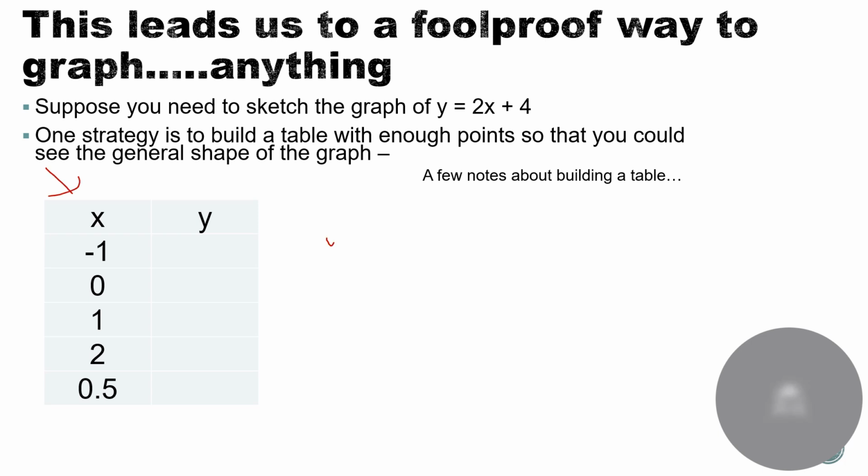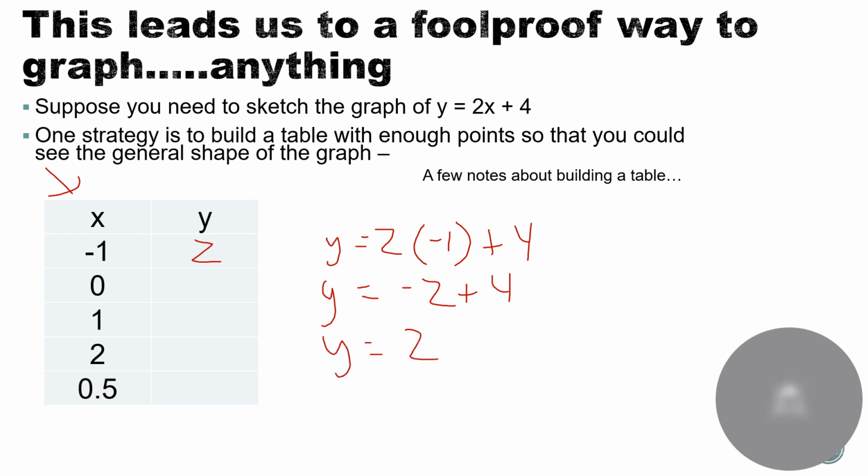So we have x equal to -1. So you would plug in 2 times -1 plus 4. 2 times -1 is -2, and -2 plus 4 is 2. And so there you've got the point (-1, 2). That means that (-1, 2) makes the equation true, and it means that that point is on the graph.